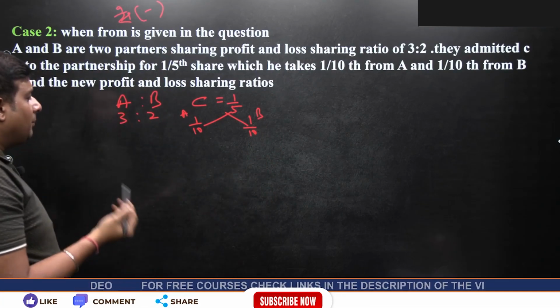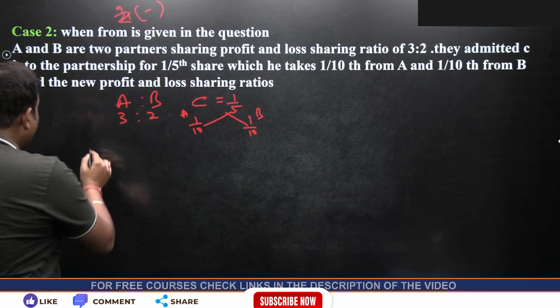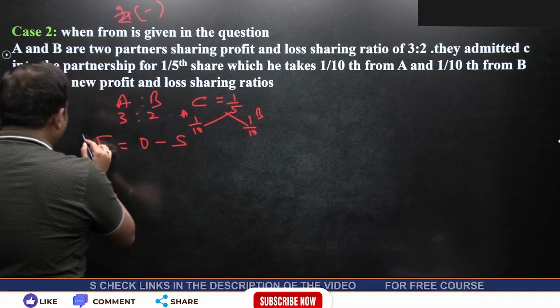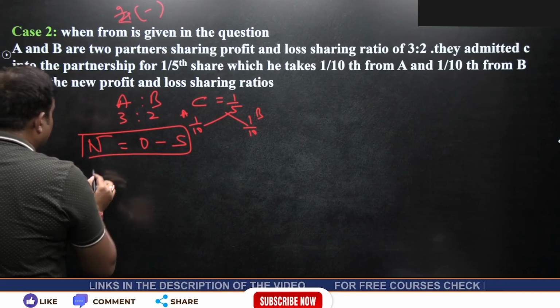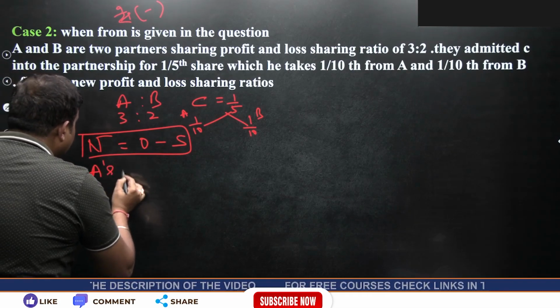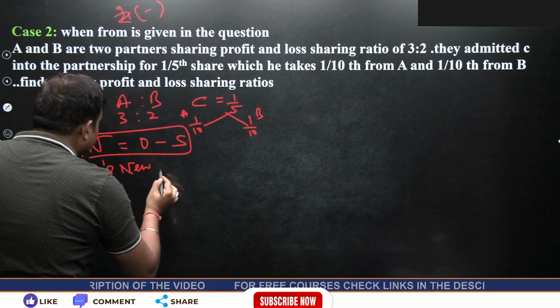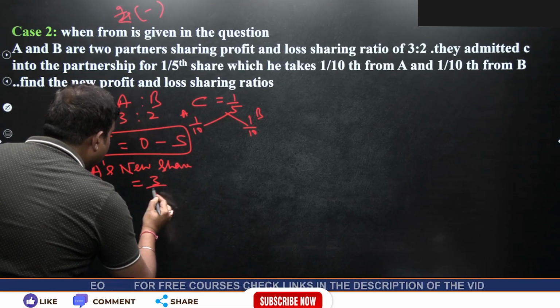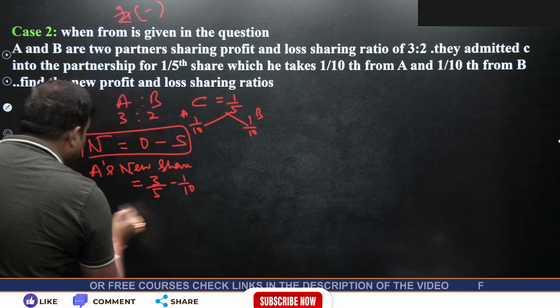So now we can easily apply the formula in order to ascertain the new ratio. You know that the formula is old minus sacrificing. So in order to ascertain A's new share, the formula would be 3 by 5 minus 1 by 10.